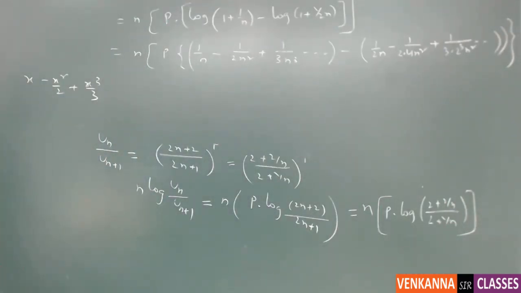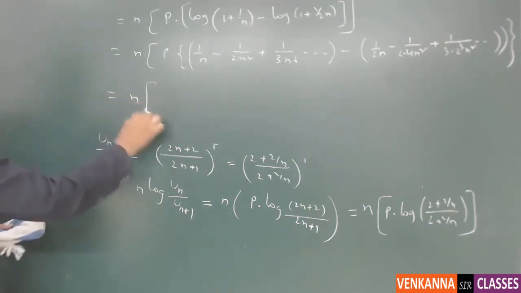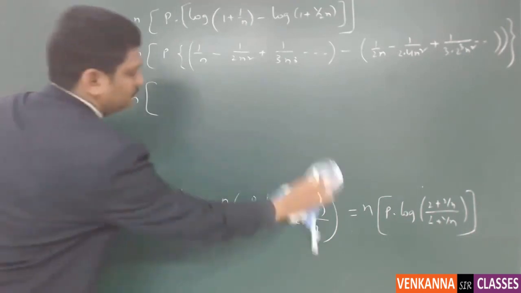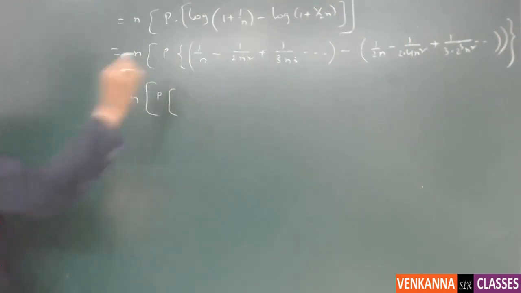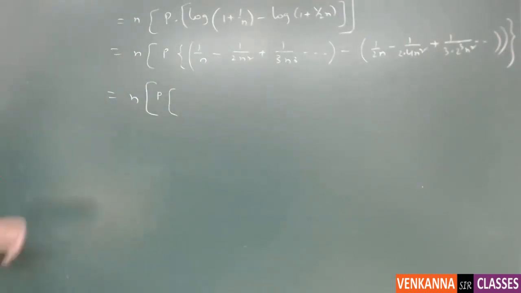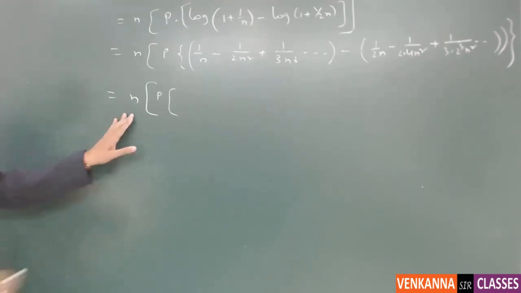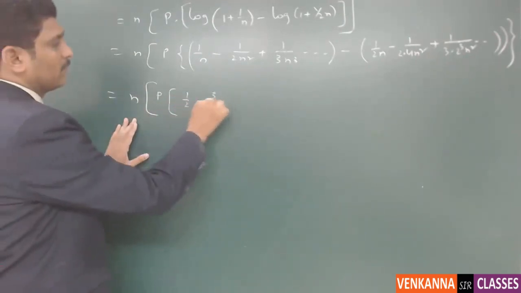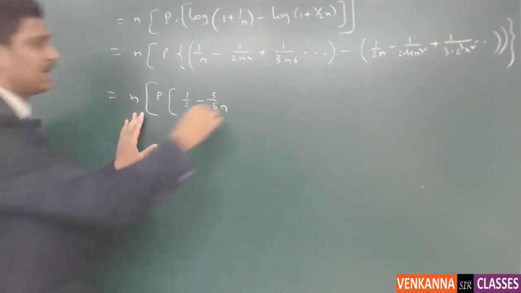So I am going to write the simplified form as n into, I will write the final form, 1 by 2 minus 3 by 8n plus 7 by 24n square.